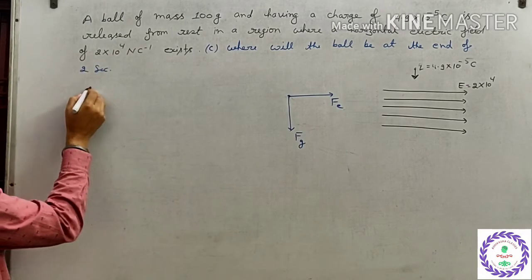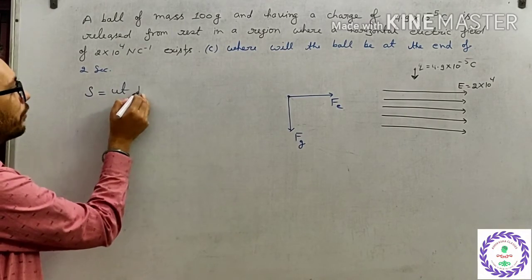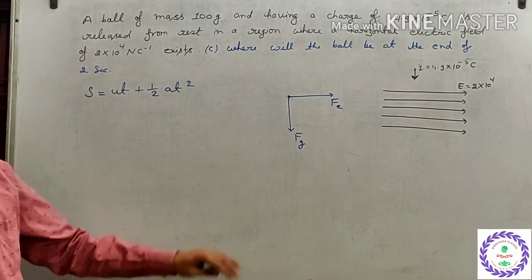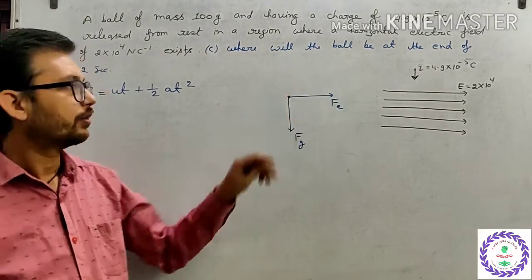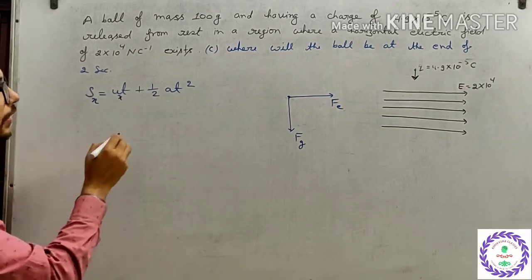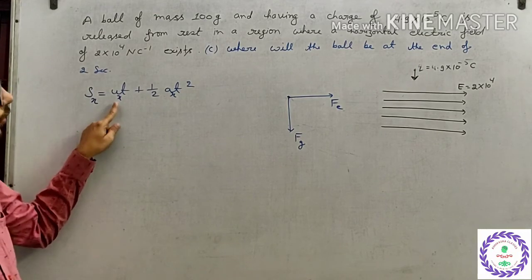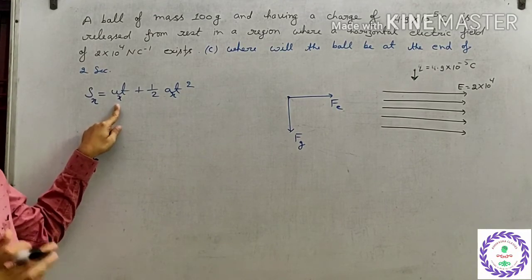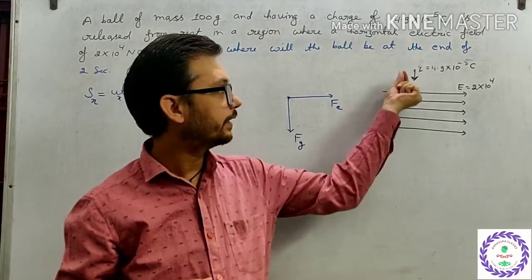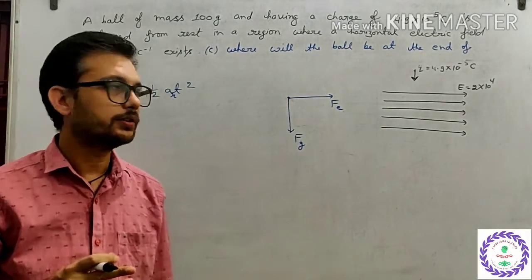So let us start. The formula is S equals ut plus half at square. Now consider the x axis. So this will be Sx, this will be Ux, this will be Ax. Now the initial speed in the x axis, because it is released, so its initial speed in the x axis as well as in the y axis will be 0.